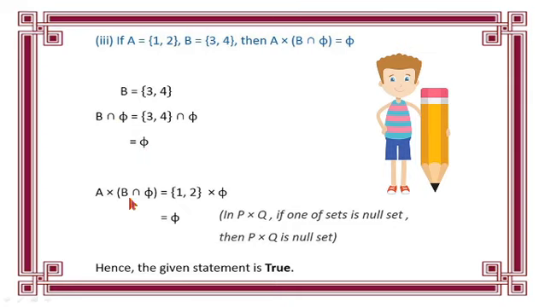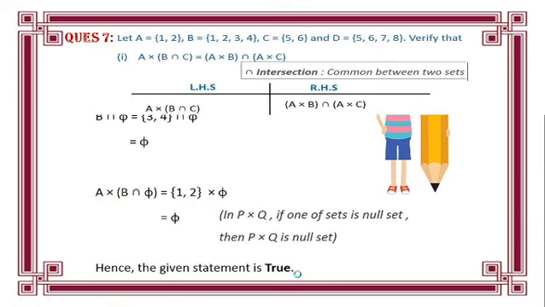Now A cross (B intersection phi). What is set A? 1, 2 cross phi. And we have just seen this property: when we calculate the Cartesian product of two sets, if any one of the sets is a null set, it means their Cartesian product is also a null set. So the given statement is true.